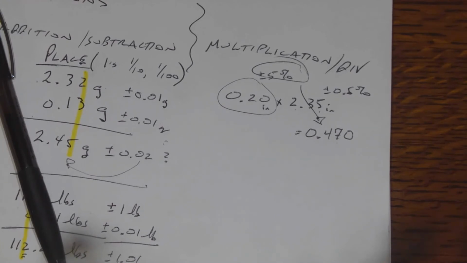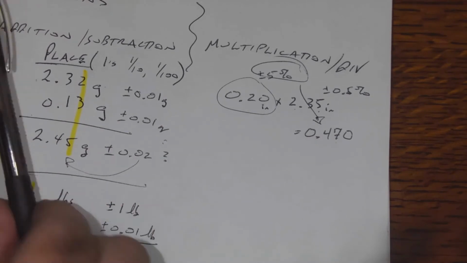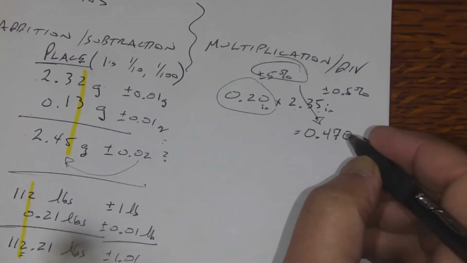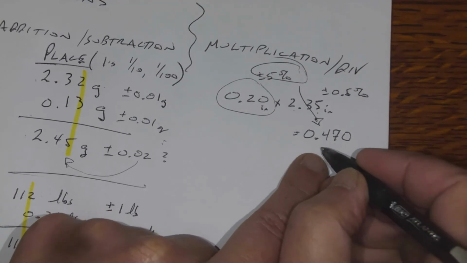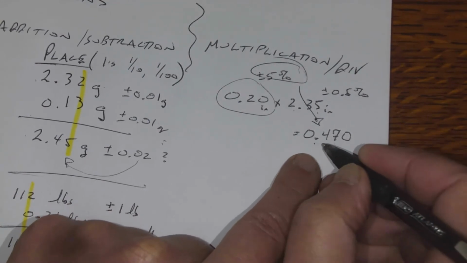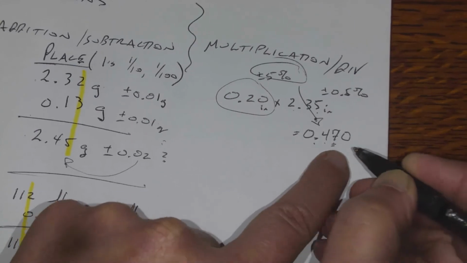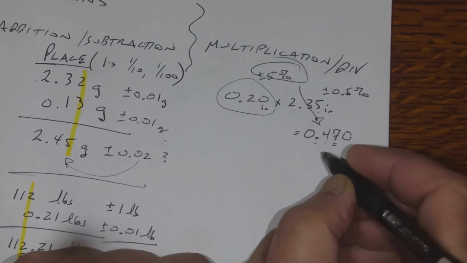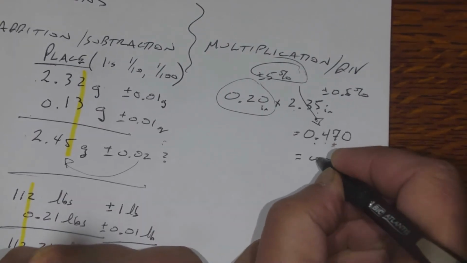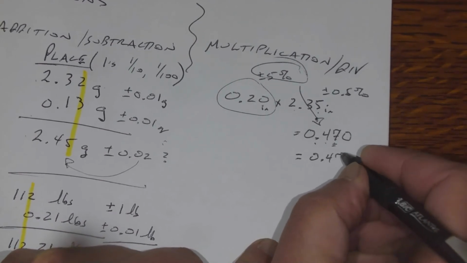So 0.05 times 0.47, so yeah, it's 0.0235. So the uncertainty here would be about, again, 0.02. That digit's uncertain, and so this should be written then as rounded to the hundredth place.